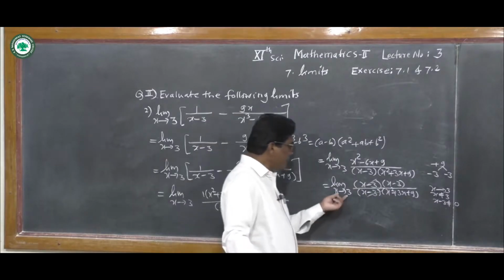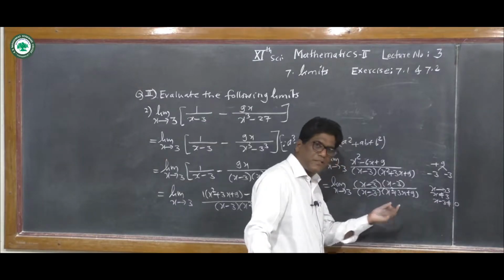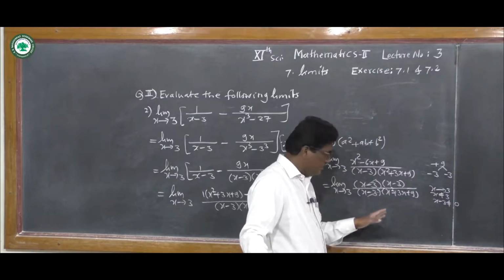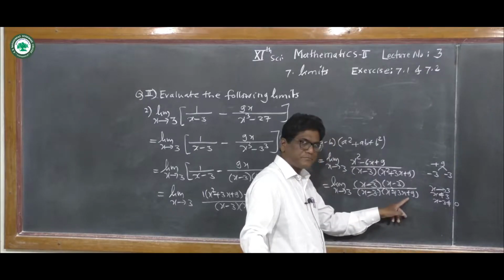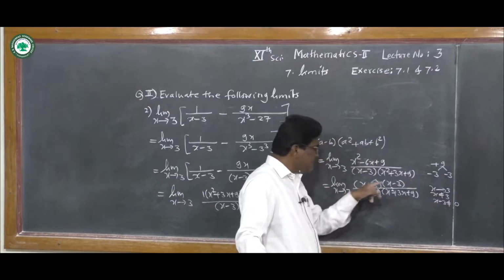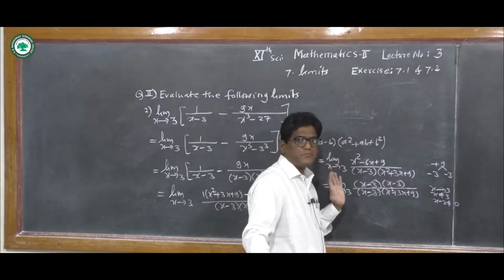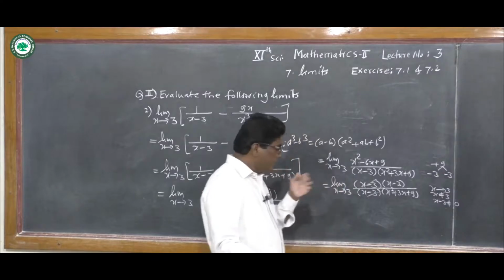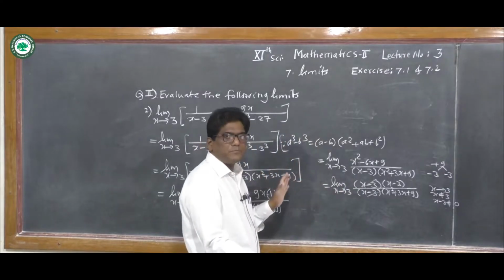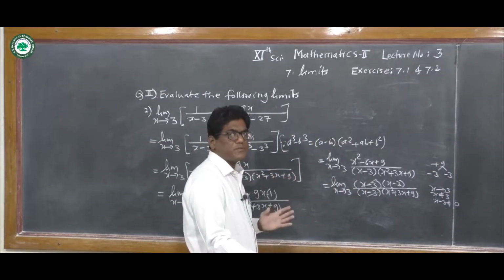And now when we put x as 3, the denominator is not equal to 0 because here all are plus. So put directly x as 3. Numerator may be 0, may not be 0. In numerator, if it is 0, never a problem, answer may be 0. But denominator should not equal 0.